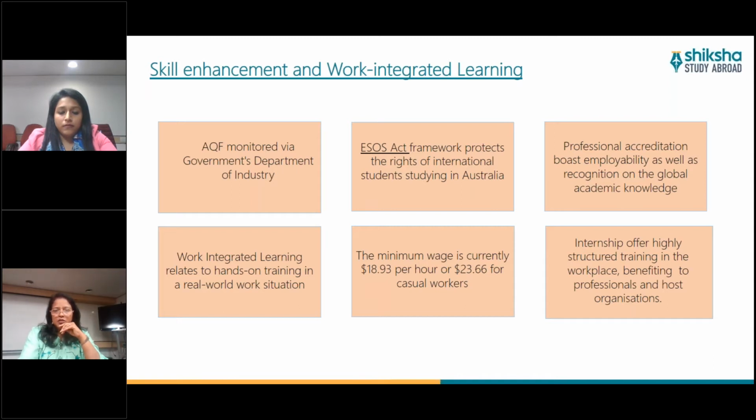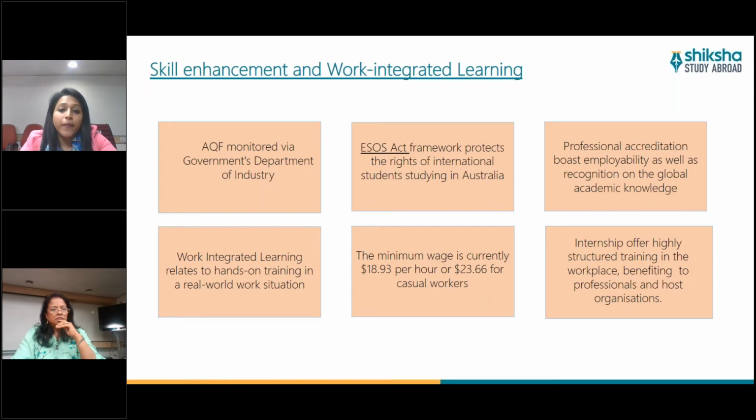Internships are also one of the most important aspects when it comes to learning. I will leave this topic for Akansha because it is very interesting and very relevant in the global market when a student wants hands-on learning apart from books. In Australia, internships are usually part of the course curriculum for professional degrees, because this plays a very important role at the end of your education once you complete your studies.